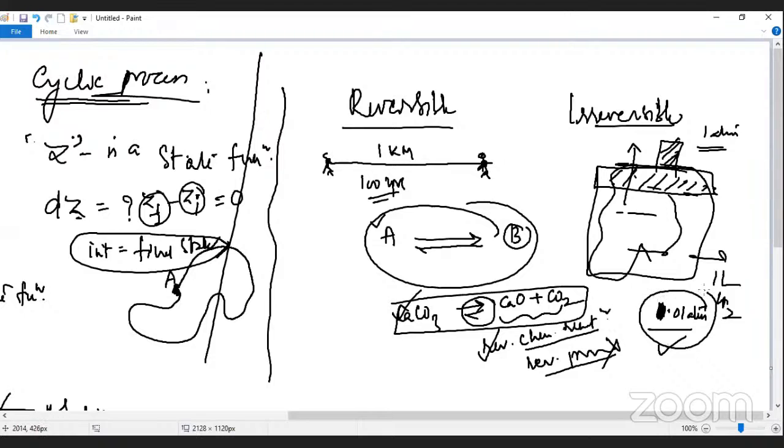Suppose I take the same closed cylinder, but instead of 1 liter, I take a very small volume of hydrogen gas. Because of that very little quantity, the pressure inside the vessel is some 0.00001 atmospheres, and the outside pressure is 1 atmosphere.